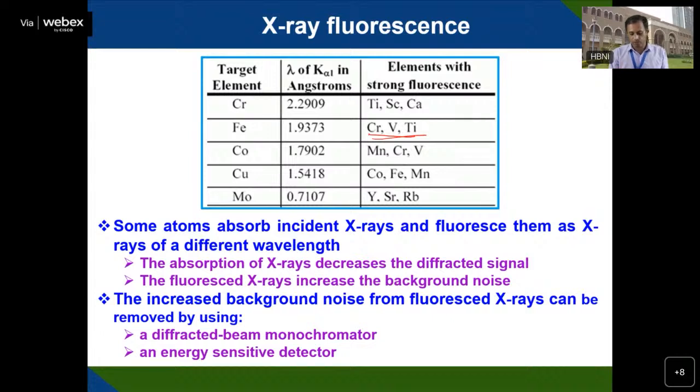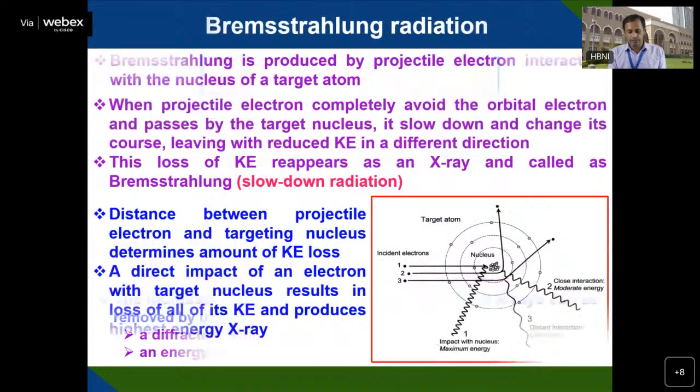This increase in background from fluorescence can be removed by using a proper diffracted beam monochromator, or an energy-sensitive detector capable of controlling the fluorescence signals.